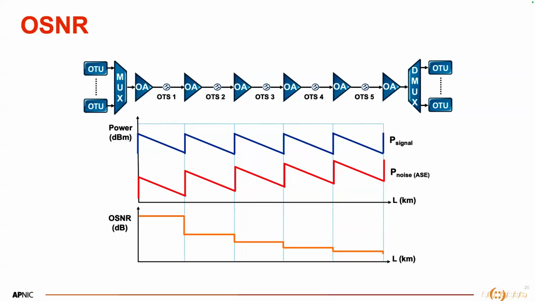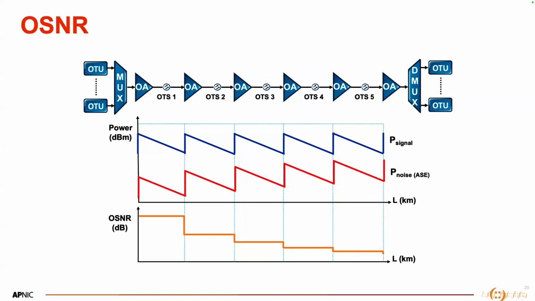Because OSNR is nothing but a ratio. A ratio means there is a denominator. So at the upper portion there will be the power, at the lower portion there will be the noise. So you divide power by noise, and the result is the ratio of the signal and noise. This is what OSNR is all about.